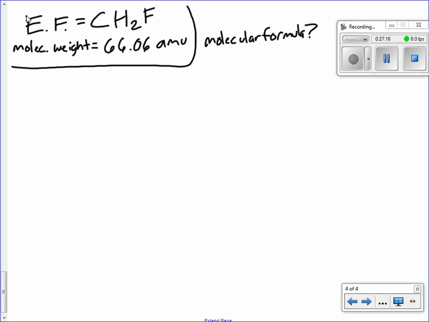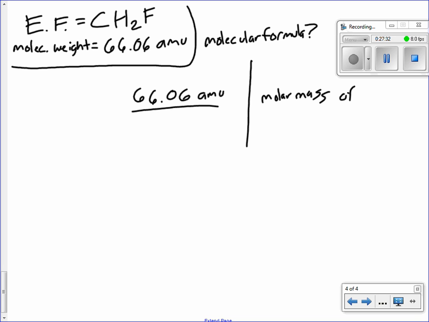We take our molecular weight, and we're going to divide it by the weight of the empirical formula. Okay? So the molar mass, or molecular weight, or whatever we're going to call it, of the empirical formula. It's going to be 12.01 for carbon, 1.01 times 2 for hydrogen, and 19 for fluorine.